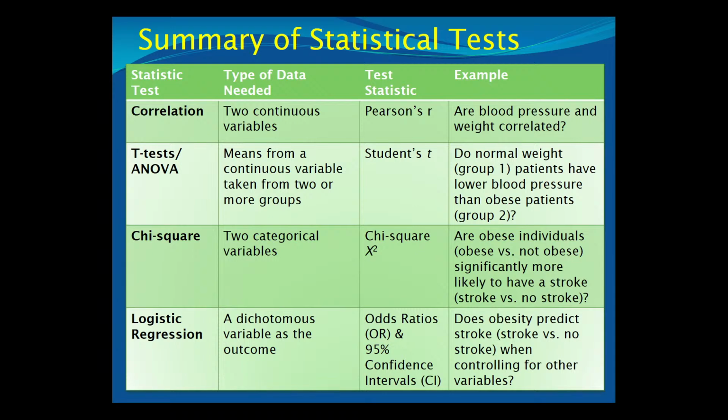If you need to answer the question, do normal weight patients from group 1 have lower blood pressure than obese patients from group 2, you need to apply Student's t-test, and you need to calculate means from a continuous variable taken from 2 or more groups.